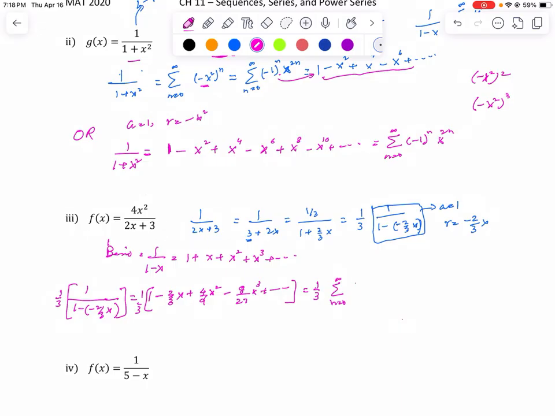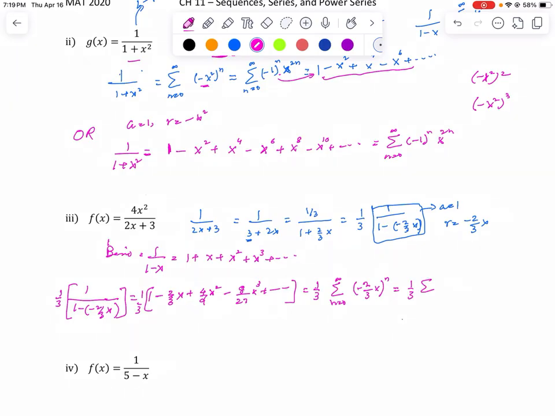Negative 1 raised to the power n. Or you can just say negative 2 over 3x, but it's better to have the negative sign separate. And maybe the power also split.